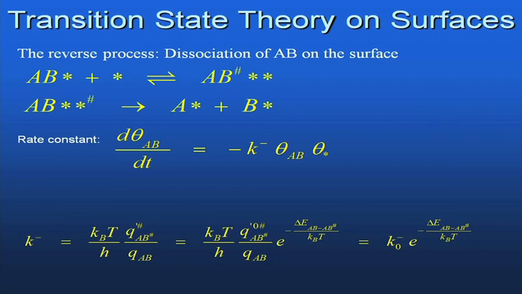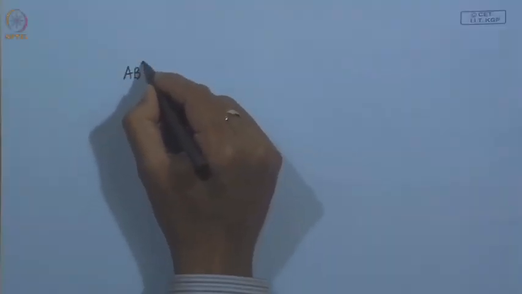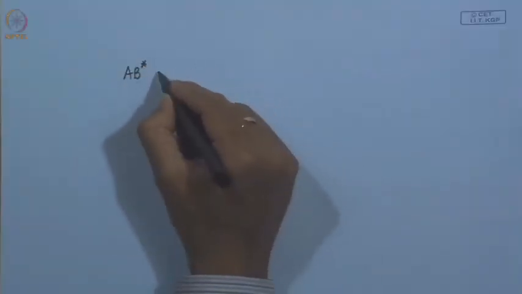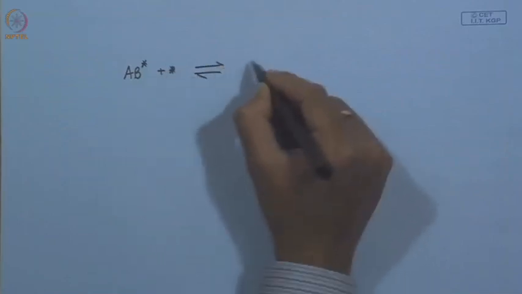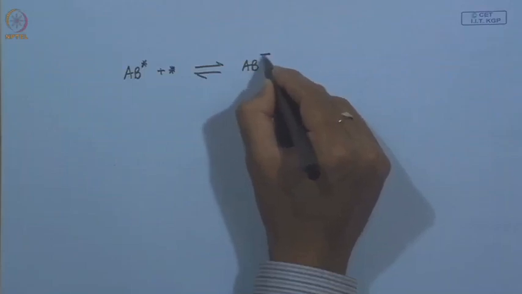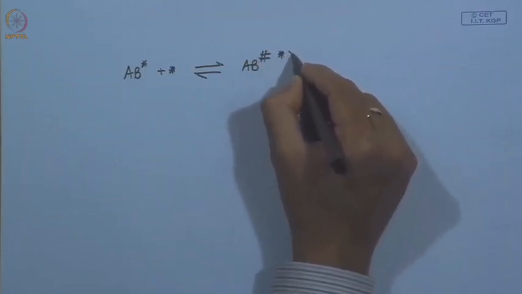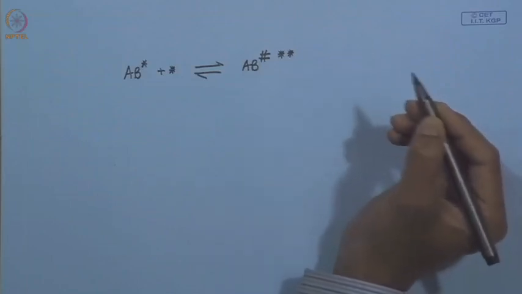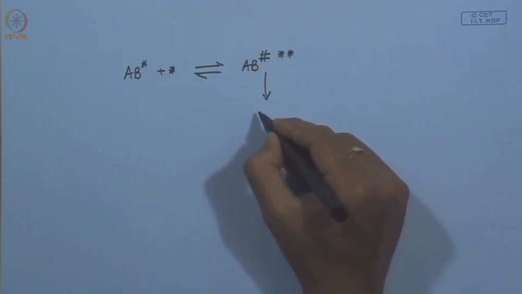So, then the scheme will be like this: AB star, giving rise to AB double dagger star, then this will dissociate, that is basically the reverse process.